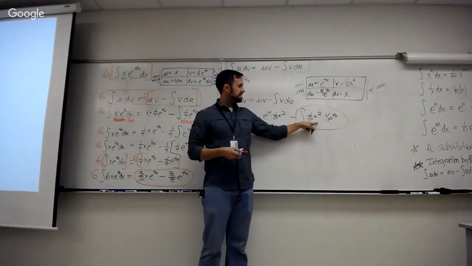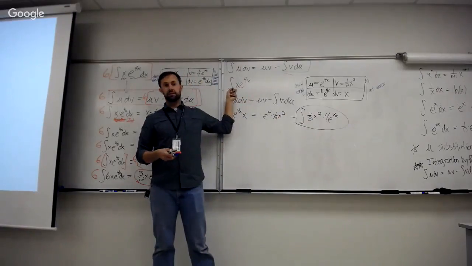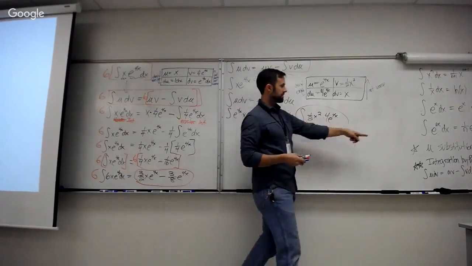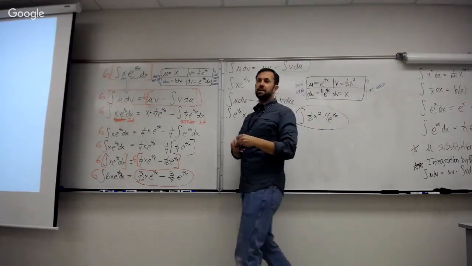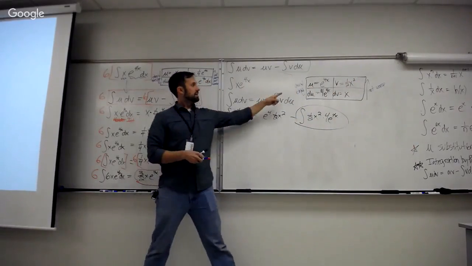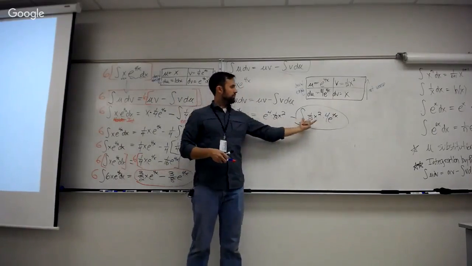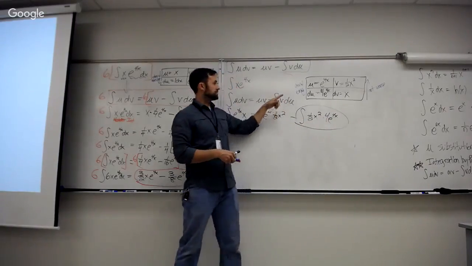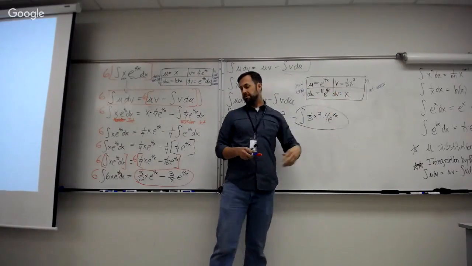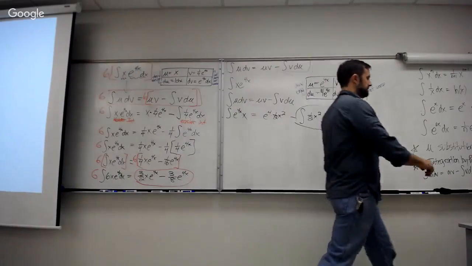And I'm even less prepared to deal with this integral than I was the original integral. I definitely don't have a formula over here for x squared e to the x. So that's what happens when you have a bad choice of u and dv. Your original integral gets worse. And so then you stop, you scratch it all out, and you switch back to your other choice of u and dv. All right, well, let's try another one.